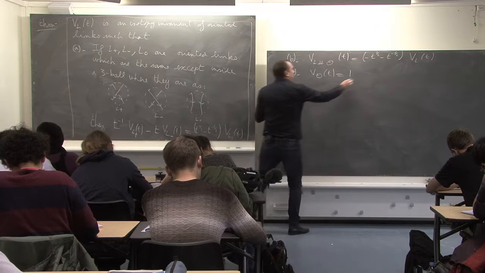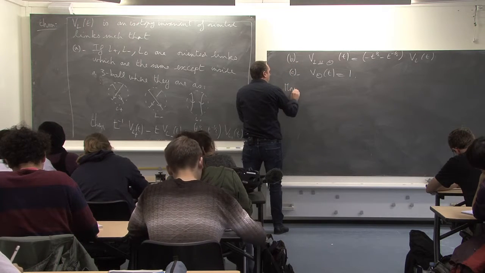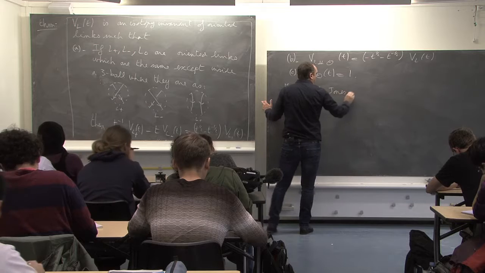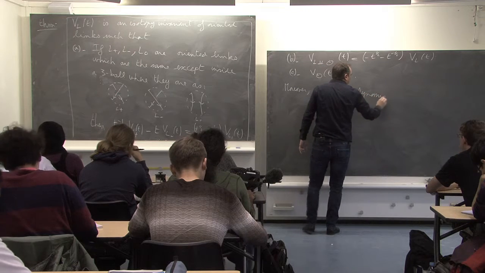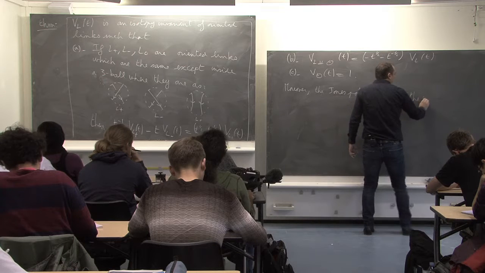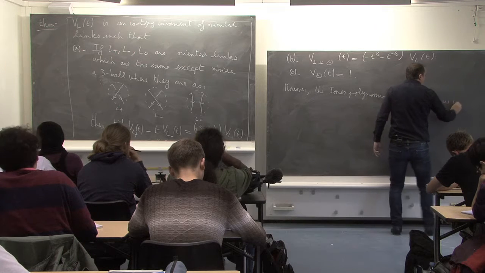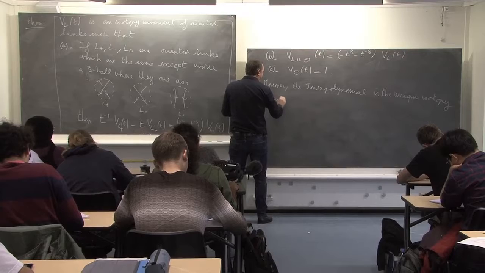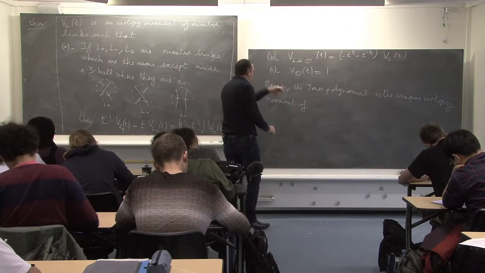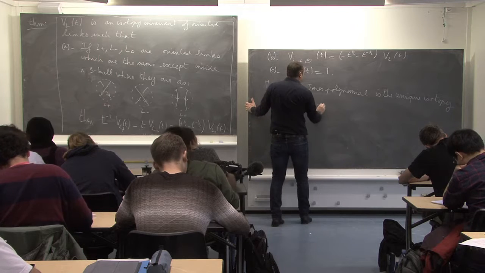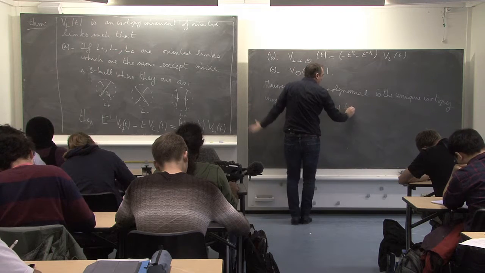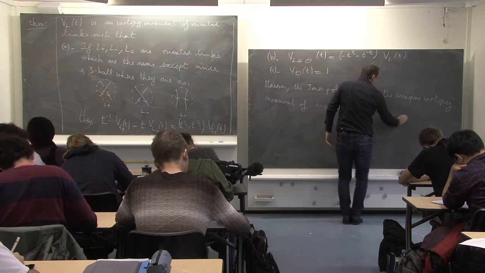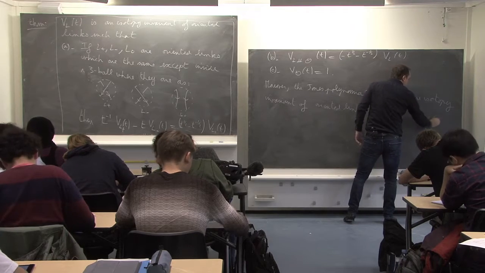And moreover, the Jones polynomial is actually the unique isotopy invariant of oriented links which satisfy A and C.